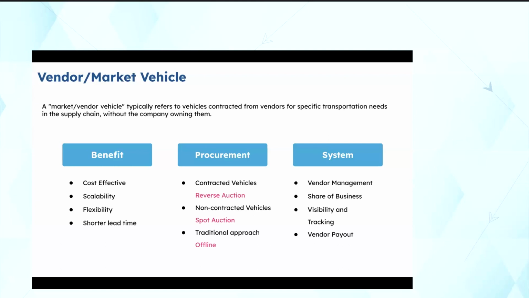On my screen you can see some key benefits we have mentioned: cost effectiveness, scalability, flexibility, and shorter lead time. When we speak about cost effectiveness, owning a fleet is always an expensive option for any industry, whether manufacturing or automotive, because it comes with an upfront cost, such as vehicle cost and maintenance cost.